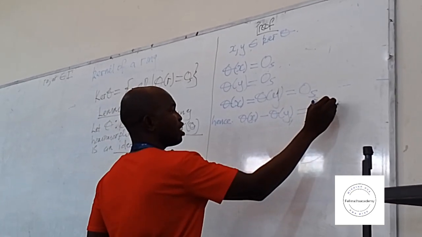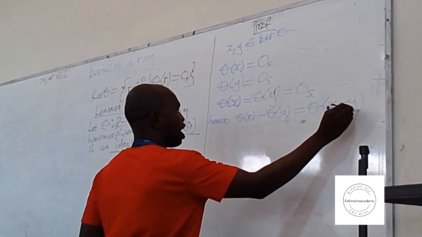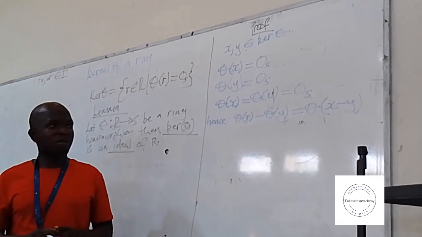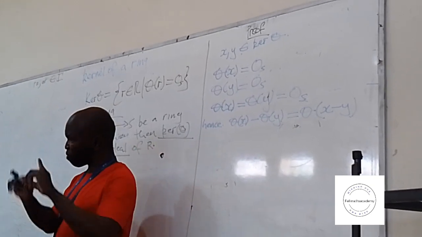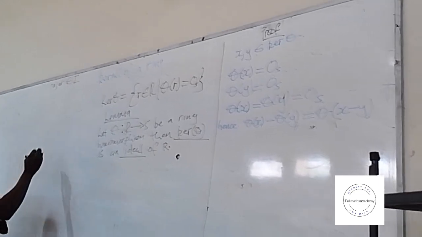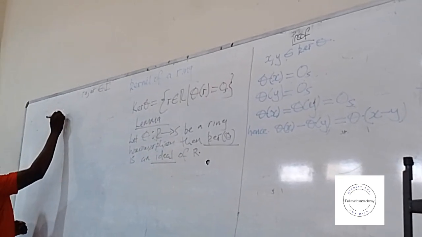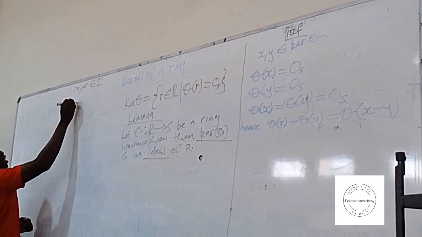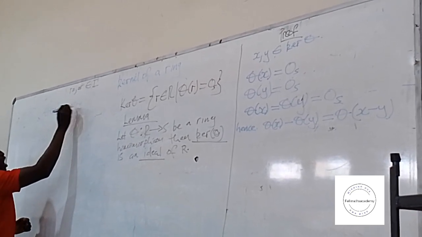Theta of x minus y. We are stating homomorphism in this way. Remember that we said theta of xy according to homomorphism is equal to theta x theta y.